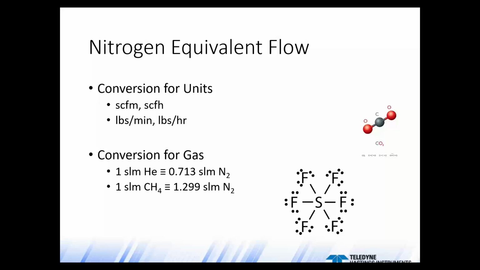This factor is required because gases other than nitrogen will transfer heat either more or less efficiently depending upon their physical properties. For example, methane, CH4, is more efficient at transferring thermal energy compared to nitrogen because it has more vibrational modes than nitrogen, or we say it has more degrees of freedom.